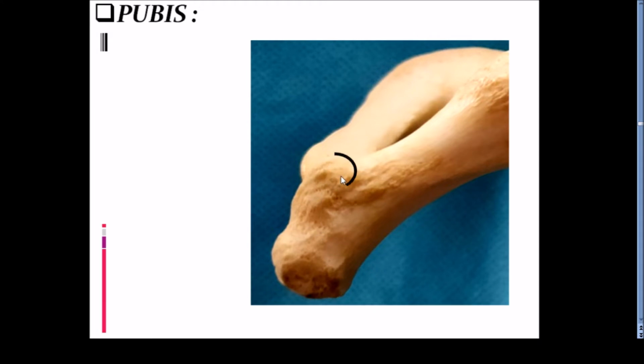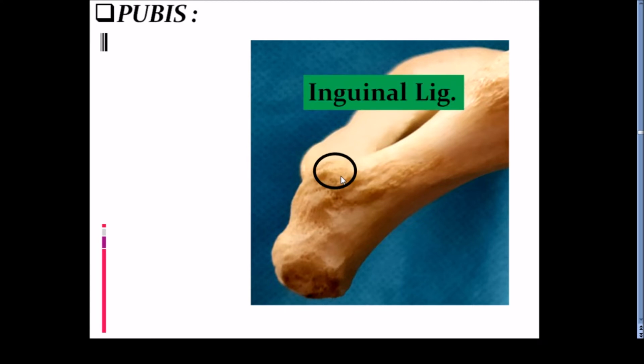The pubic tubercle gives attachment to the medial end of the inguinal ligament and the cremaster muscle. In males, the spermatic cord passes from the tubercle. So these are the attachments and relations of the pubic tubercle.